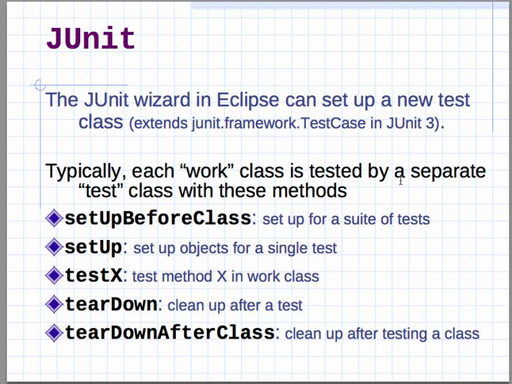If you start up the wizard in Eclipse, it can set up a new test class. Depending on the version, if you use JUnit 3, your test class will extend junit.framework.TestCase. In JUnit 4, it no longer uses this. And we will stick with JUnit 4.